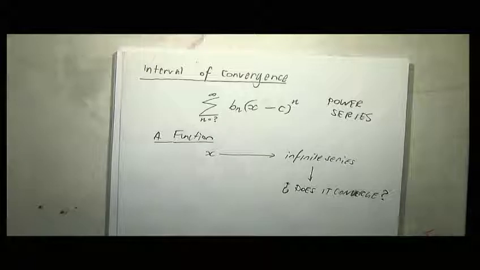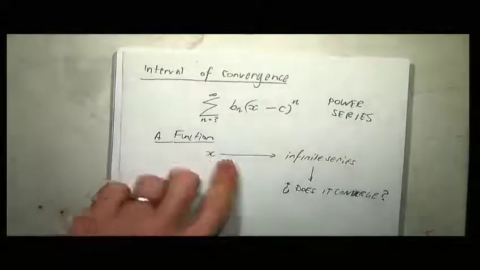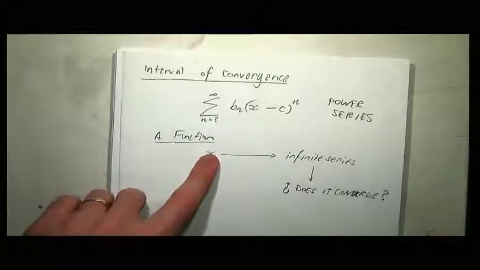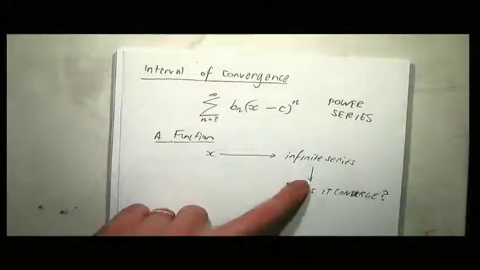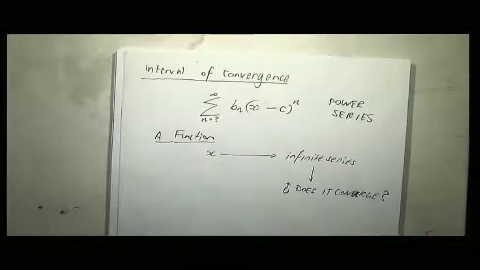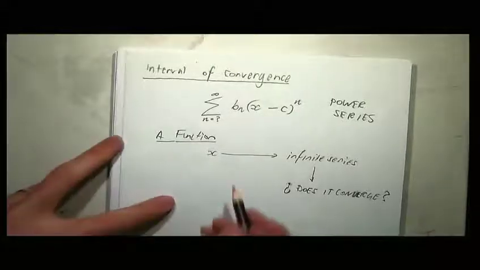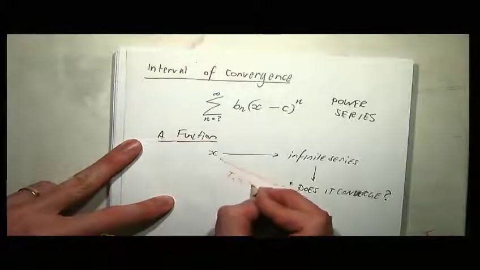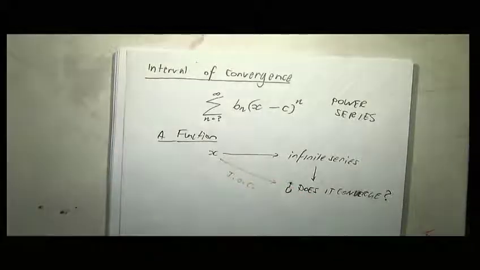So the interval of convergence is the x's that you can put in here and come up with the answer yes, that it converges. If I think about all the x's that I'm allowed to put in this spot and produce an infinite series, and then ask the question, does it converge? The interval of convergence is a way of going direct from here to here. It says, given the x, can I go directly to the answer of does it converge? So it's all the ones for which you would say yes.